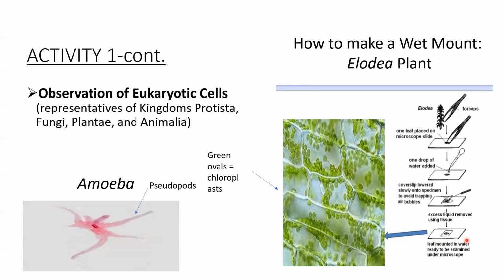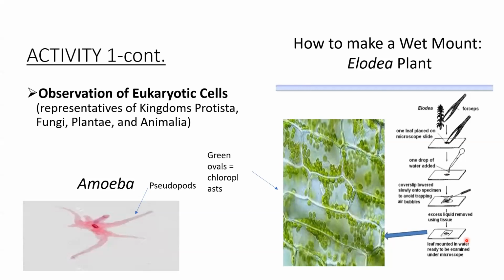And then you're always going to start off with the 4x objective lens and with your stage all the way to the bottom. You put your microscope slide onto your stage. You secure it with the stage clips, and then you look through your ocular lenses, and you start slowly moving your stage up towards your objective lenses.